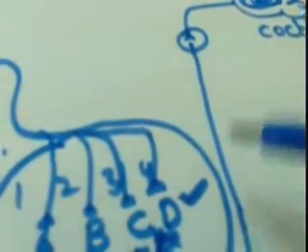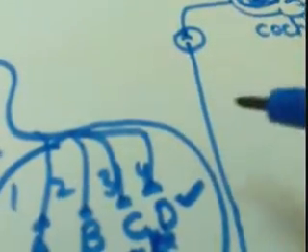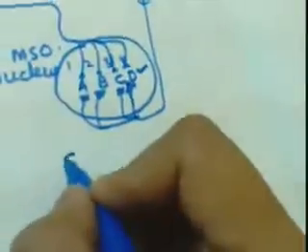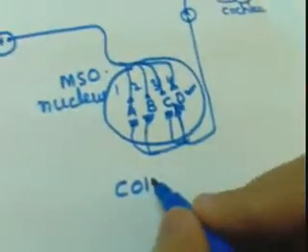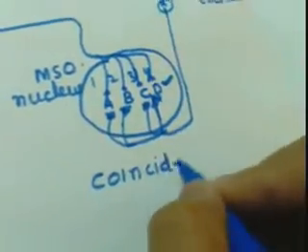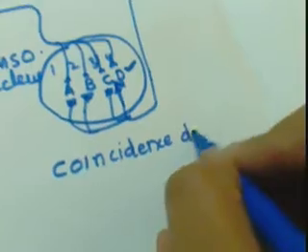So this neuron D detects the simultaneous arrival, the coincidence, of action potentials from the left and right. So this is coincidence detection.